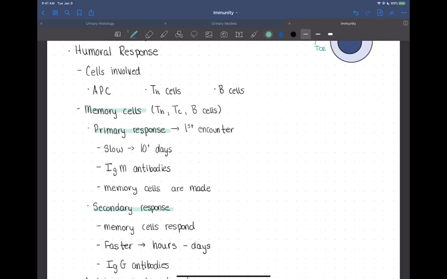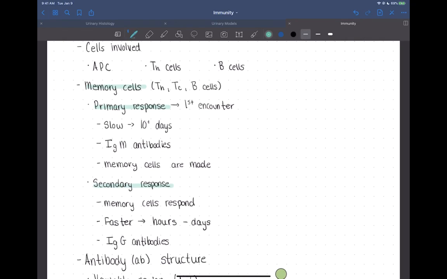Let's talk about a couple general topics first. With both the humoral and the cellular response, we're going to produce what are called memory cells. T helper cells, T cytotoxic cells, and B cells can produce memory cells, and they're produced after the first encounter with a new pathogen.